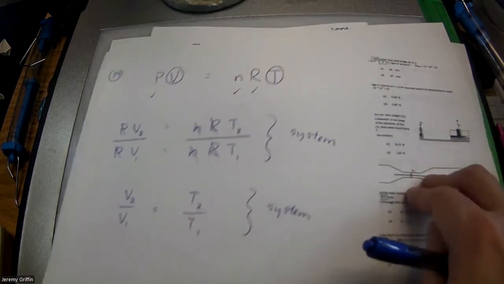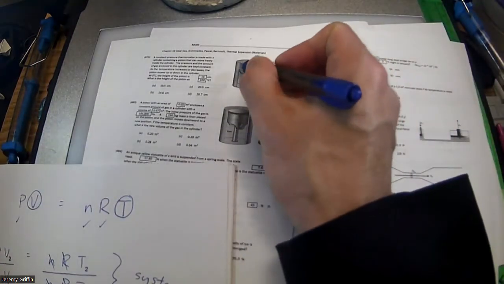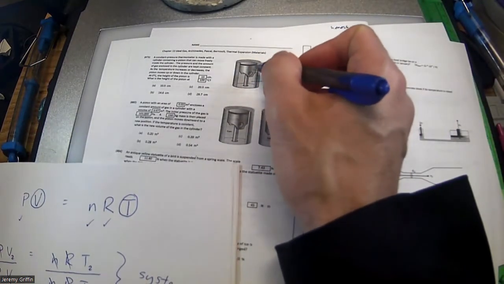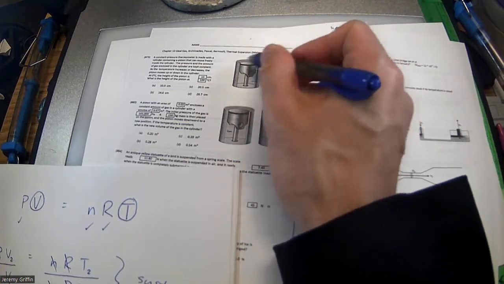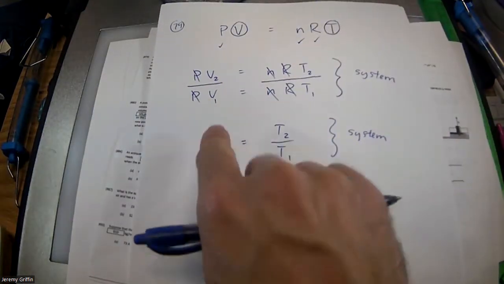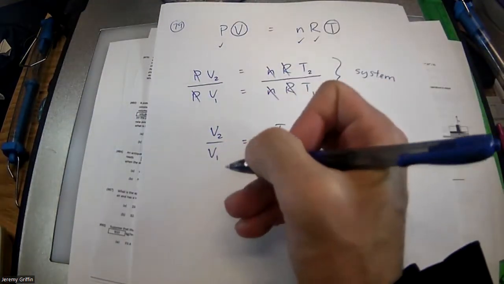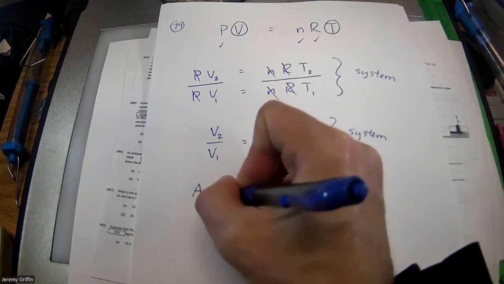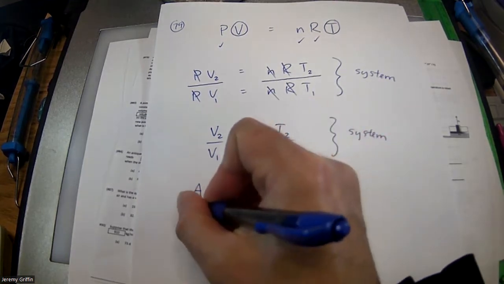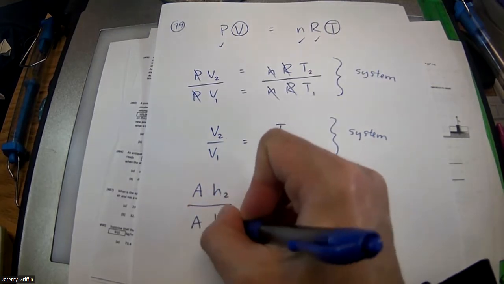Okay, volume, guys. Would the volume of this thing be this cross-sectional area multiplied by the height? Is that okay? This cross-sectional area multiplied by this height represents the volume of the gas on the inside. Okay, so instead of V for volume, I'm going to say like cross-sectional area times height. And then I'll do that for both of these.